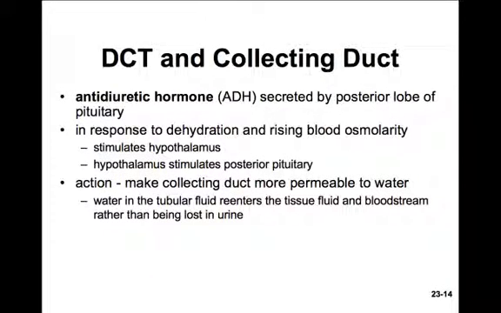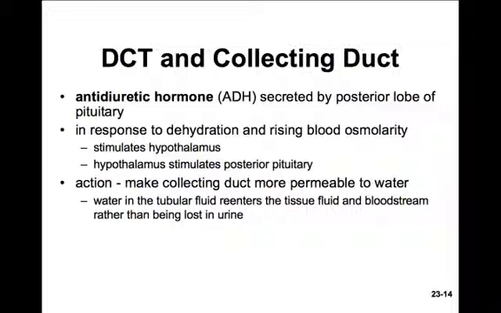Next, we look at antidiuretic hormone, which is secreted by the posterior lobe of the pituitary. We'll visit this hormone more later, but for now, in response to dehydration and rising blood osmolarity, we're going to see that the hypothalamus is stimulated, which then stimulates the pituitary. The pituitary releases ADH, and the primary action of ADH is to make the collecting duct more permeable to water.